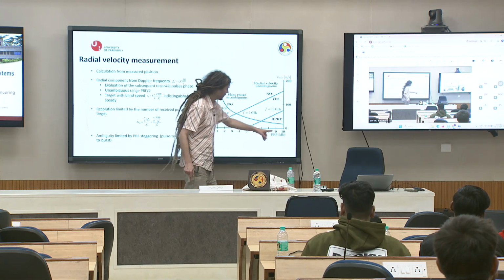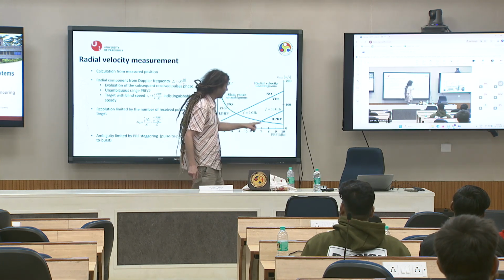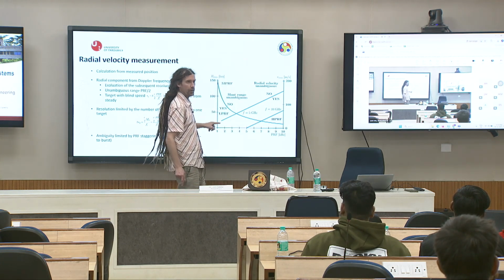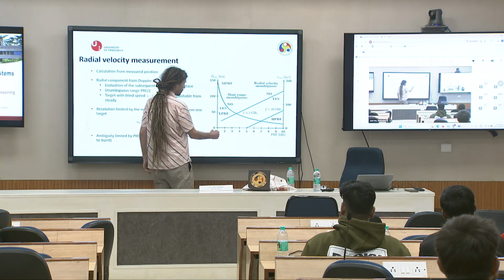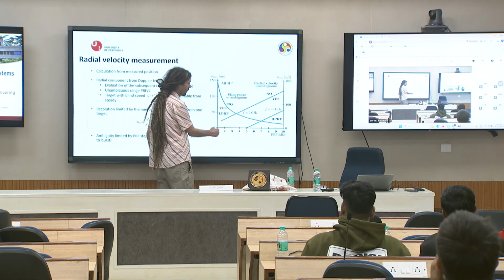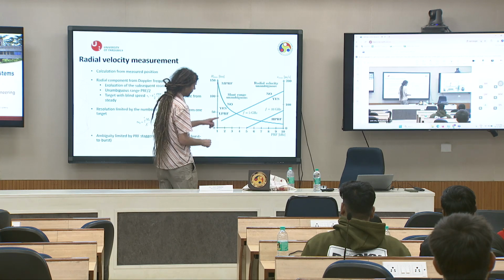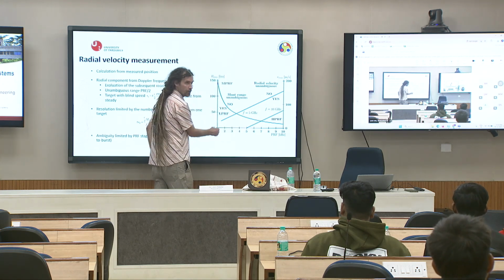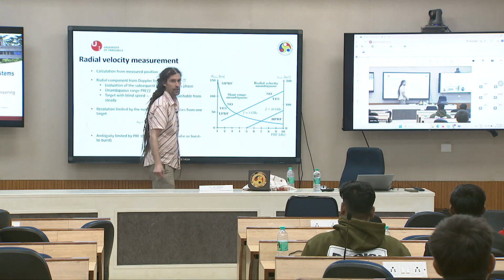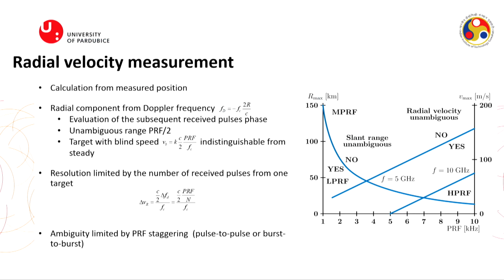But if I use 10 kilohertz PRF, my unambiguous range will be 12 kilometers. If I use 1 kilohertz PRF, the unambiguous range will be 150, but at 10 gigahertz I can't even recognize the movement of the target.